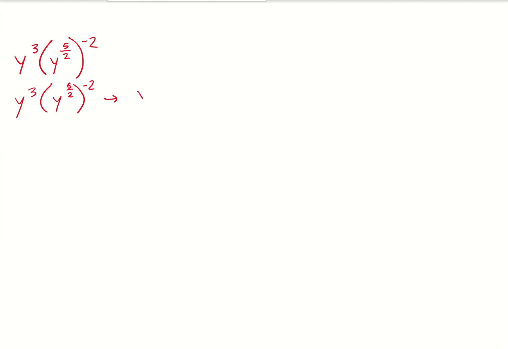So instead it would be y to the third times y to the 5/2 times -2, which is then going to give us y to the third times y to the power of -5.